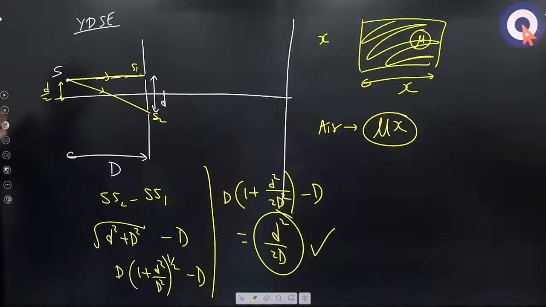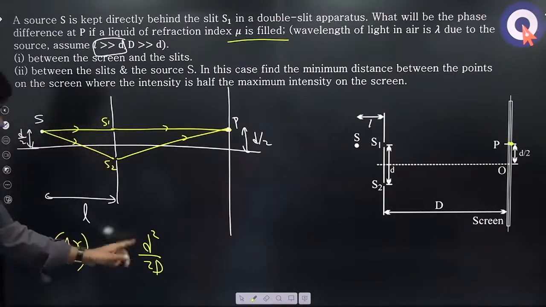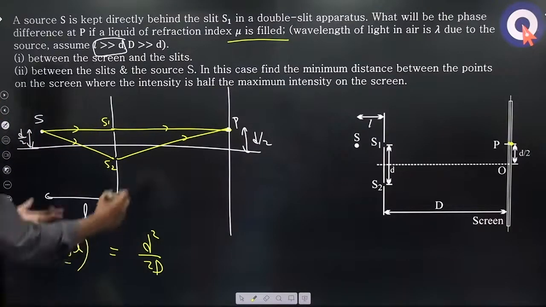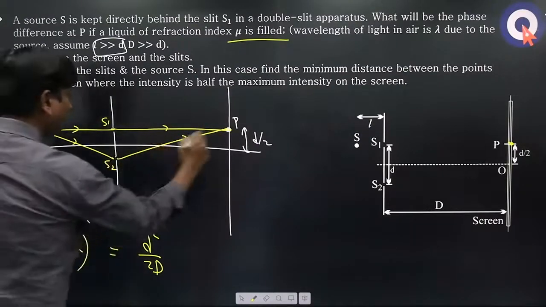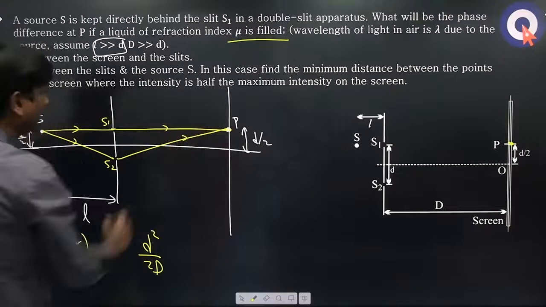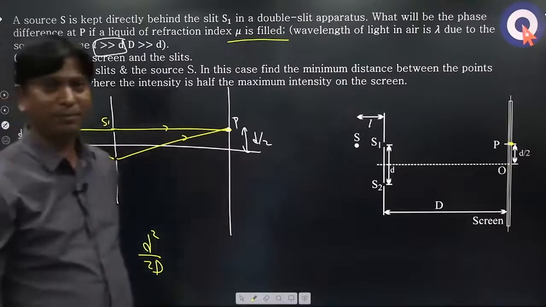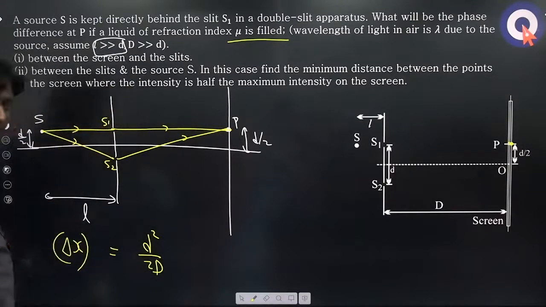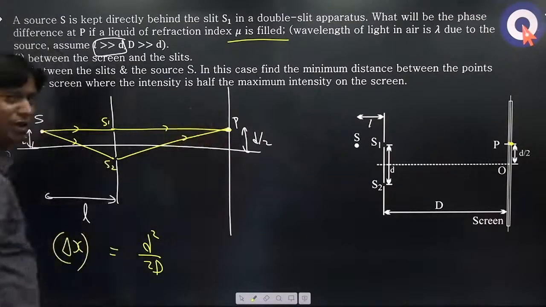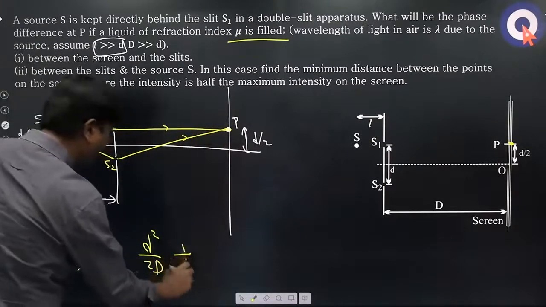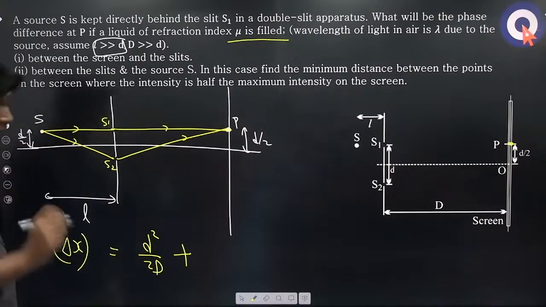So same thing, this is longer than this by an amount d square by 2 capital D, and here normal YDSE, how you approach? What is the path difference between S2P and S1P, which is nothing but d sin theta you will apply. D is this distance, and this is longer, and here also this is only longer, that is why net path difference will be plus. You have to be very careful.